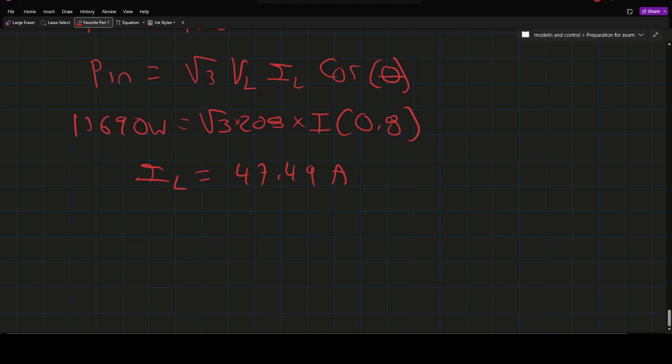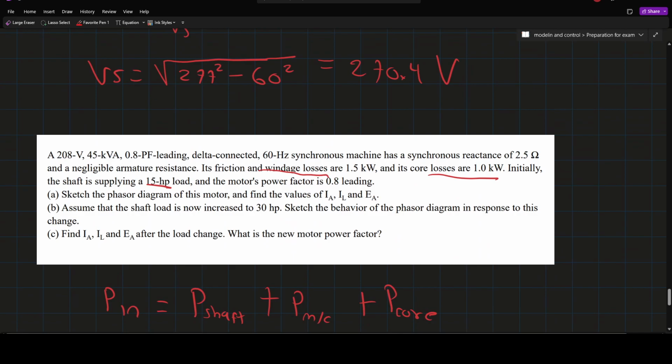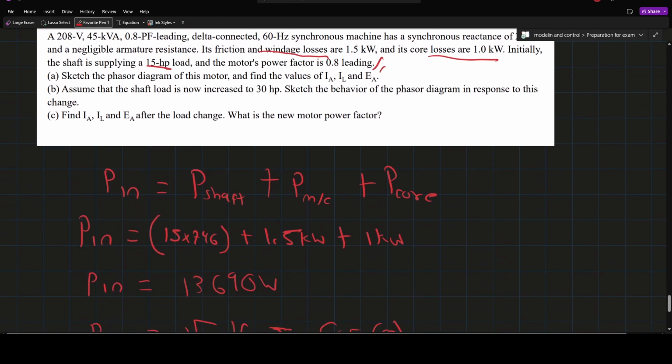in the line. So if we want the phase current, it's going to be equal to the current in the line over square root 3, at an angle of the inverse cosine of the power factor for this particular case, because these conditions are at this power factor.